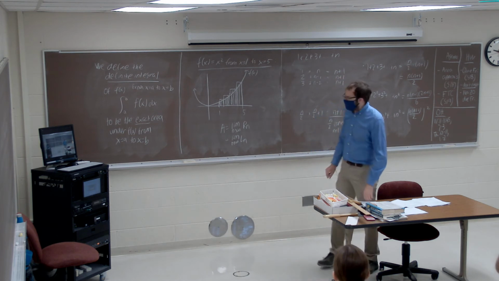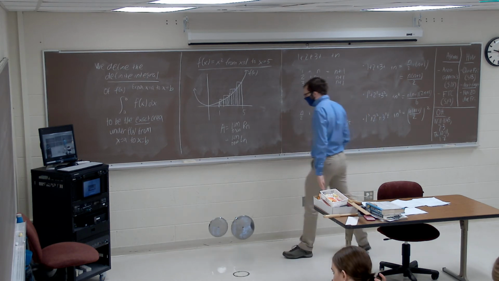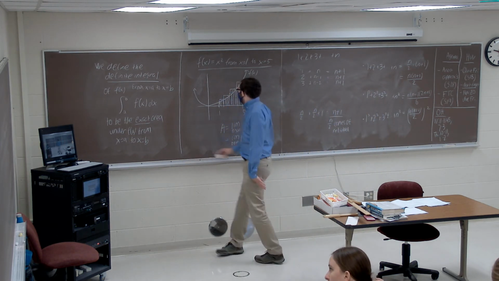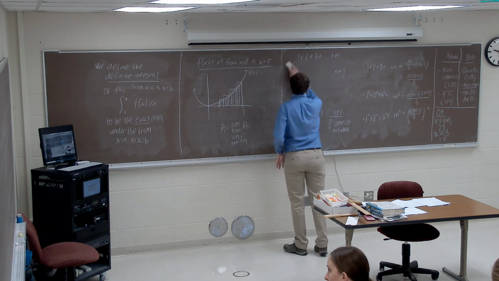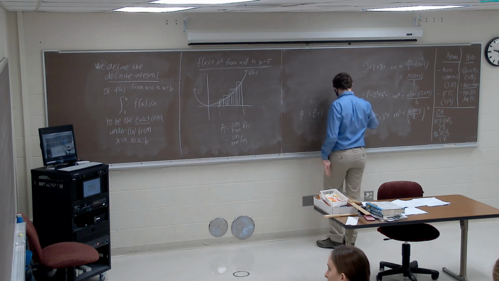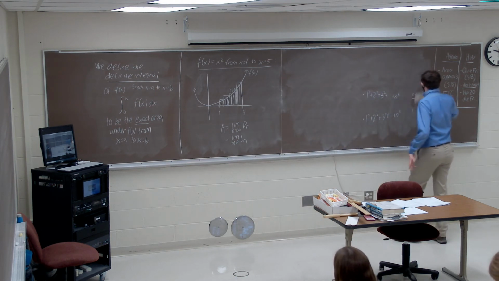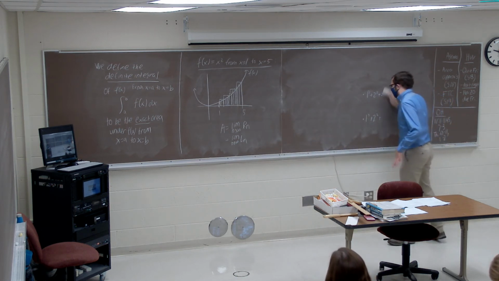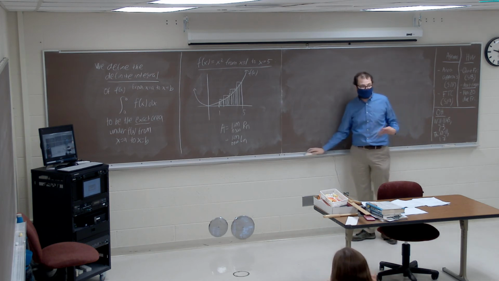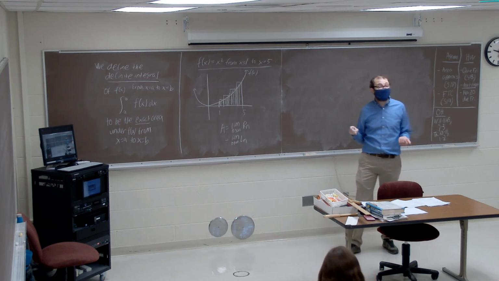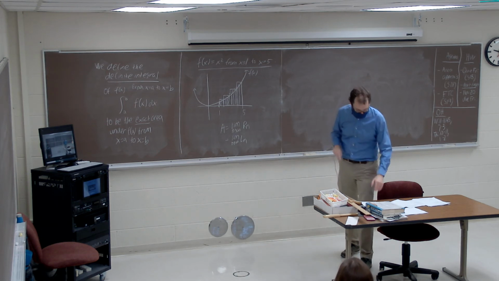So what I want to do today, instead of finding R sub 2 and R sub 4 and all of that, is find a formula for R sub n and take a limit of that as n goes to infinity, to get an exact value for our area underneath the curve.